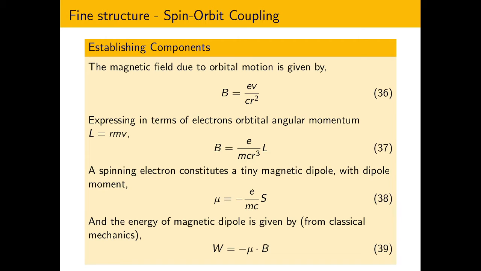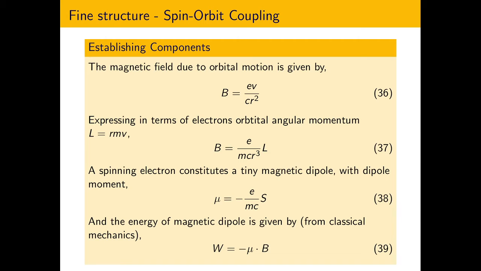Hence, this orbital motion creates a magnetic field at the center given by B equals e v by c r squared. Now this is very simple. Just expressing this in terms of orbital angular momentum, L equals r m v, we get this equation, our equation 37.